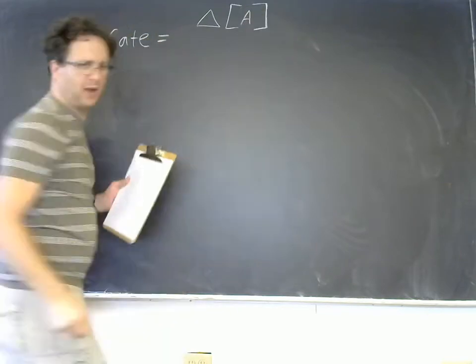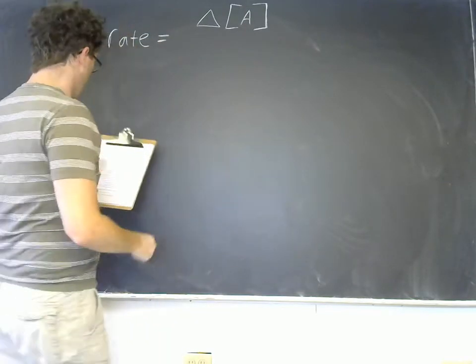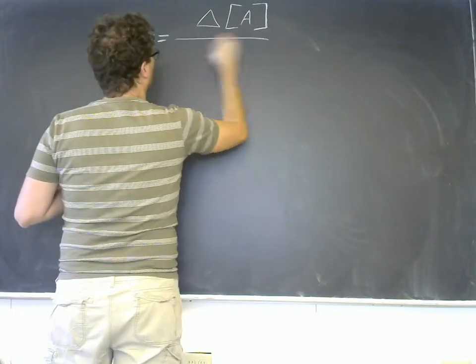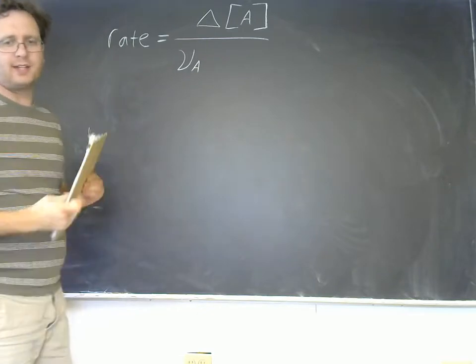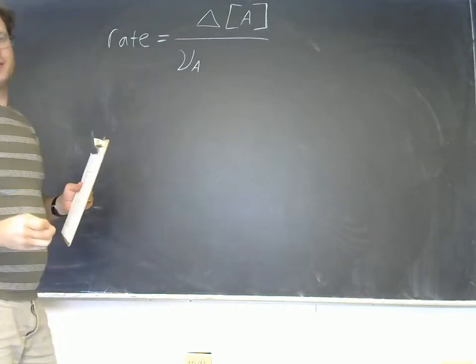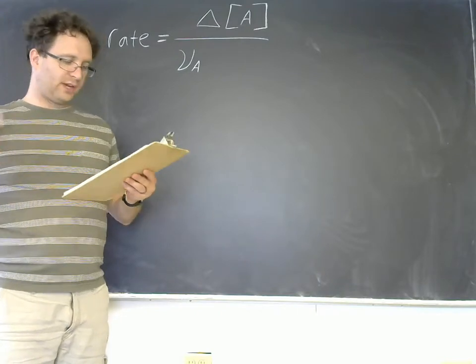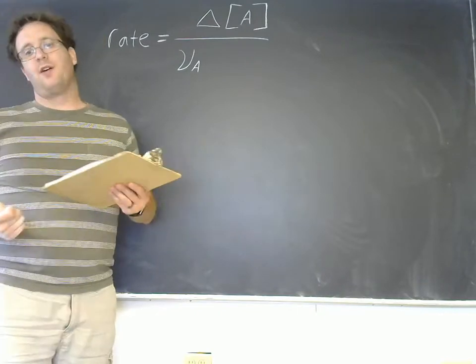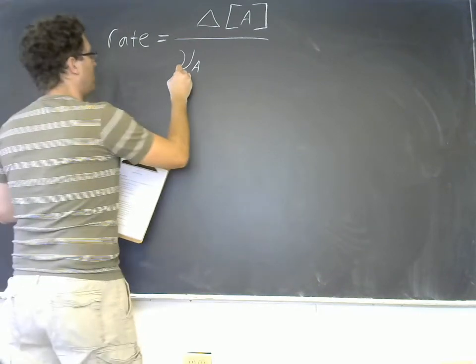I'll just put A. It doesn't have to be a reactant, it can be a product, over nu A, that's a Greek letter nu, and this is the stoichiometric coefficient for chemical species A. And we'll make one quick note here.